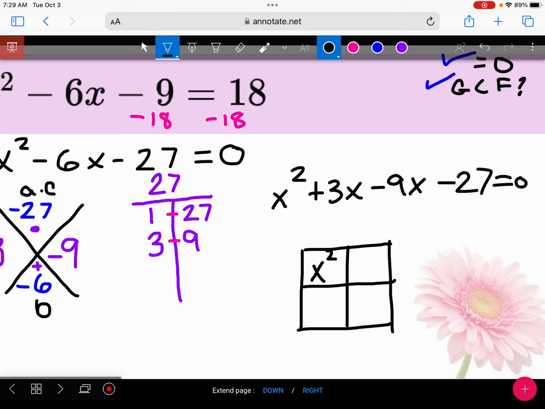X squared, 3x, minus 9x, minus 27. So if you like to use the box, this is the way to do it for you. There are other ways to do this. You can do this with a grouping method. You can do this with a bottoms-up kind of method.